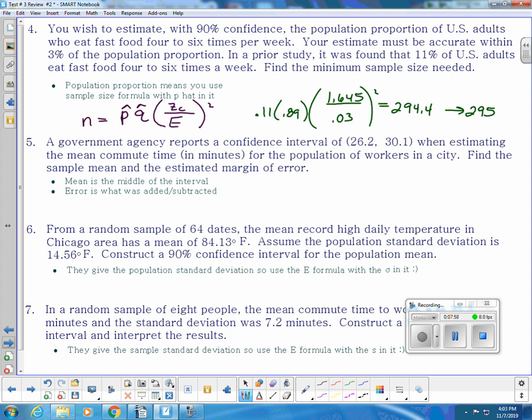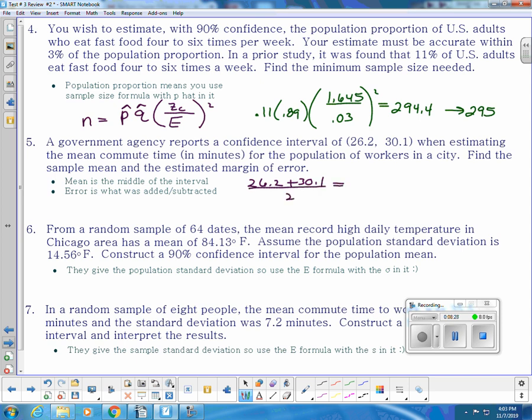A government agency reports a confidence interval of 26.2, 30.1 when estimating the mean commute time in minutes for the population of workers in a city. Find the sample mean and the estimated margin of error. They're giving you the answer, the interval. You've got to find the mean, which is going to be smack dab in the middle of it. So what is the midpoint here? Just add them together, divide by 2.